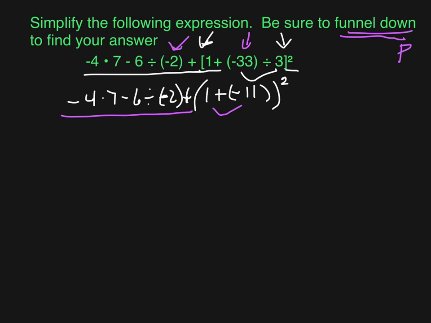So negative 11 plus 1 gives me the difference between the absolute values. 11 and 1 is 10, and the larger absolute value is on that negative 11, so I know this is negative 10. I have to make sure I bring down that squared because negative 10 is squared. And then bring down the rest of my problem.